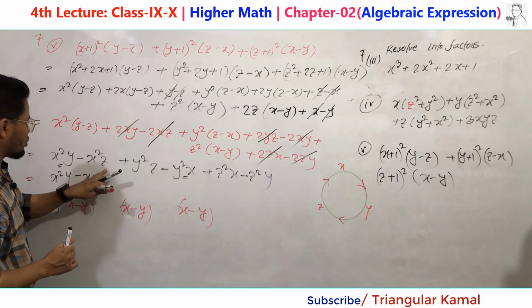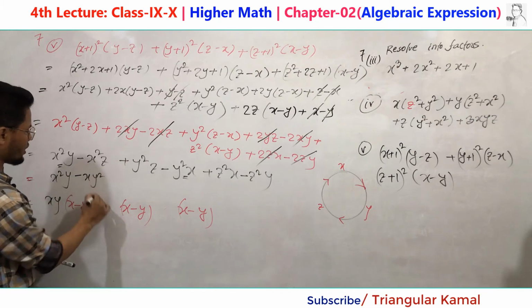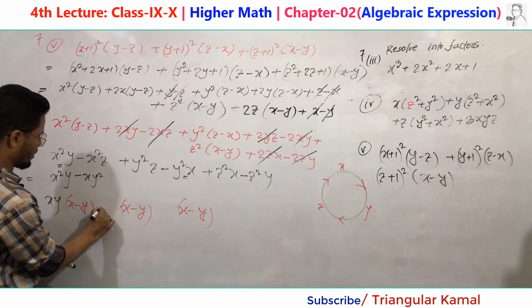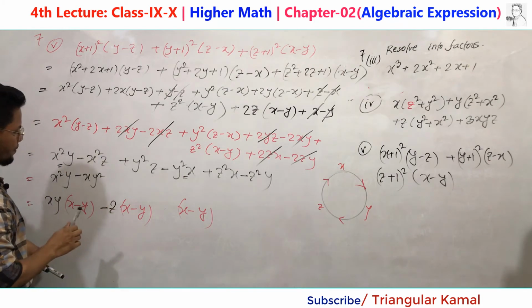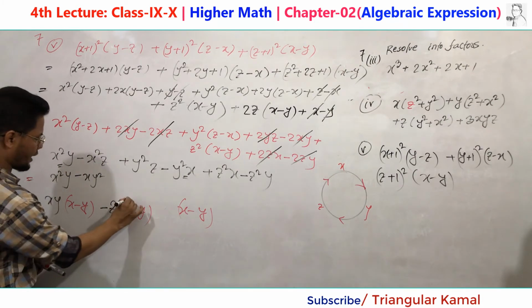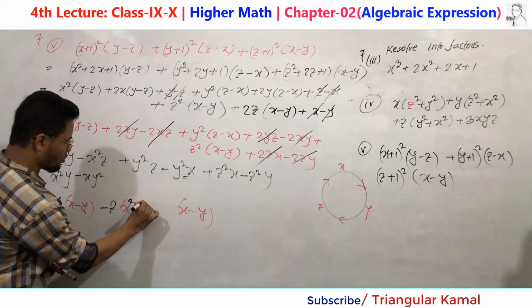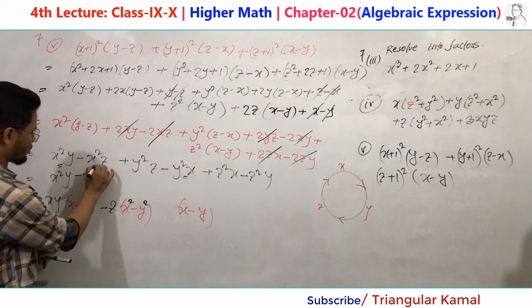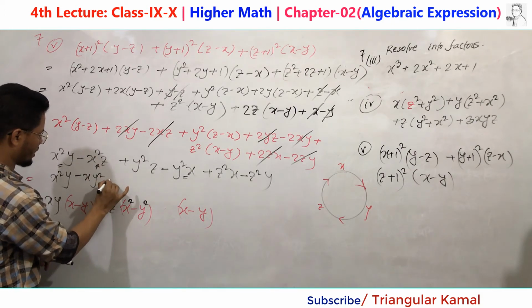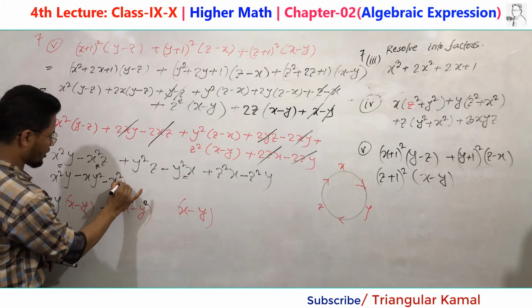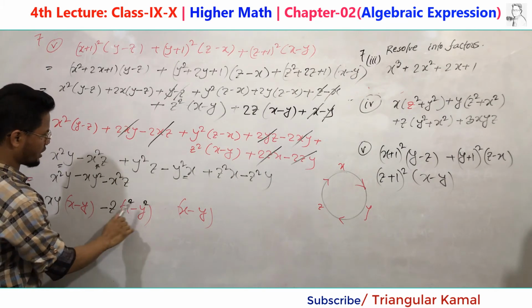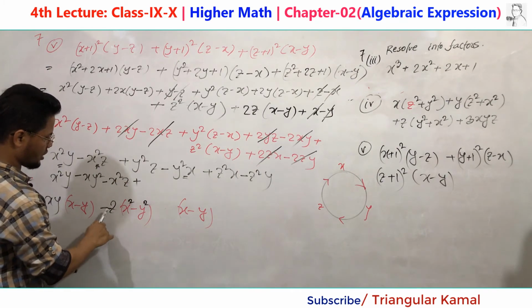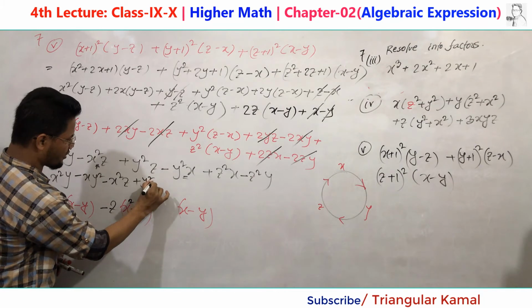If we take minus z common here, this one will be x square, this one will be y square. So z multiplied with x square, finally we get minus x square z, minus minus plus, this one will be y square z.